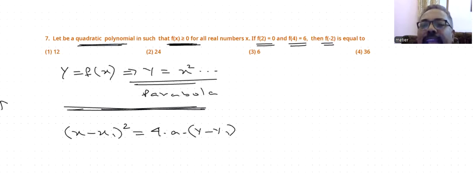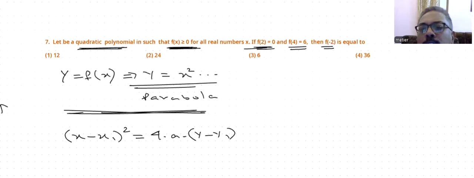Let's check. f(2) is 0 means when we put x equal to 2, the value of y is 0. So let's go with that. y is 0 at x equal to 2.